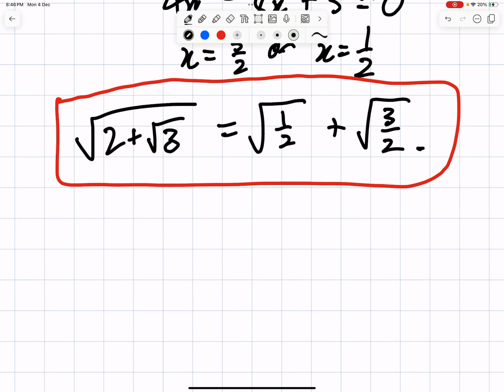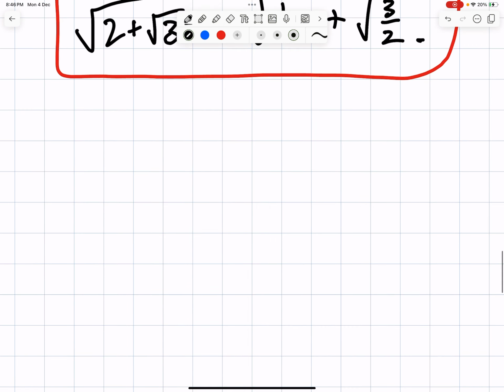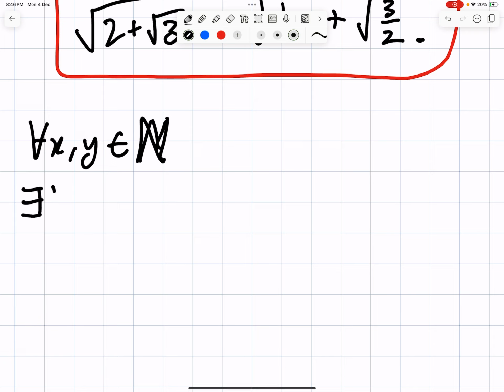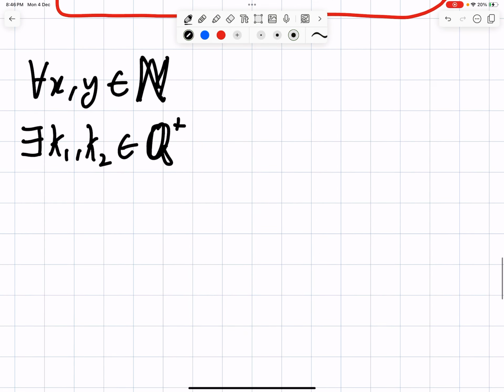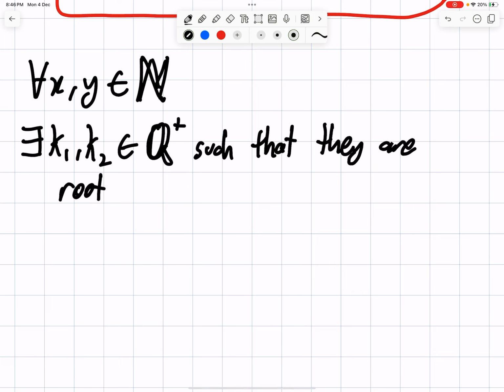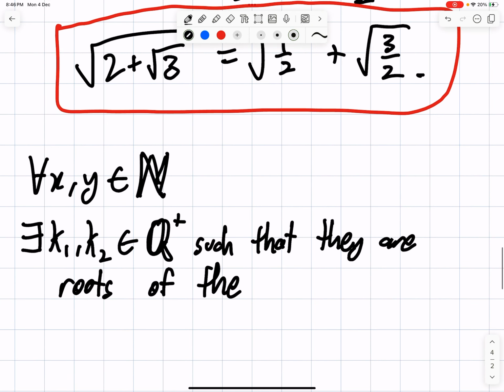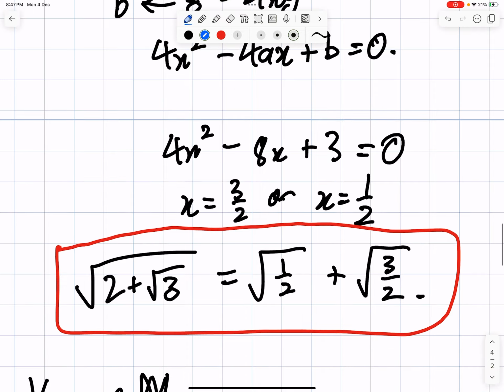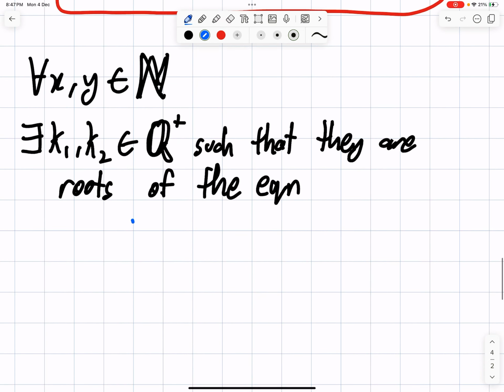So to summarize, formally, for all x, y in the natural numbers, if there exist k1 and k2 in the positive rational numbers, which I'll indicate with a Q plus, such that they are roots of the equation, which I'll write in blue, 4x squared minus 4ax plus b equals 0.